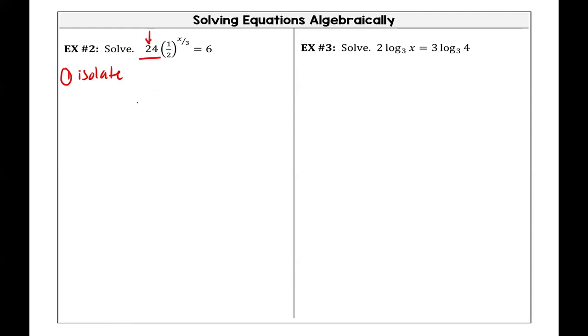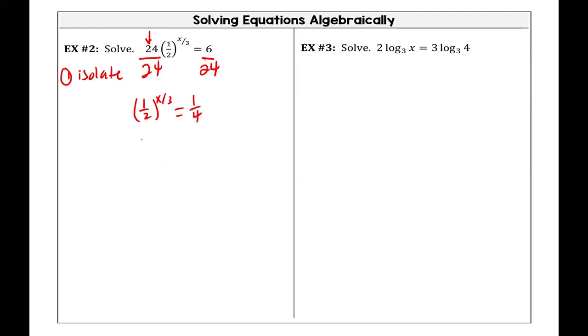How can I move that guy? Divide. I'm going to divide both sides by 24. So now I'm left with 1/2 to the x third equals, what does 6 over 24 reduce to? 1/4.